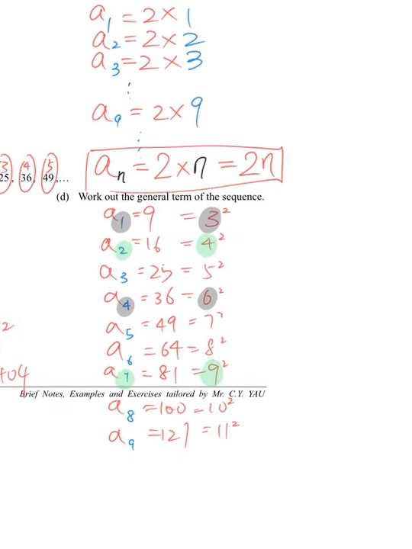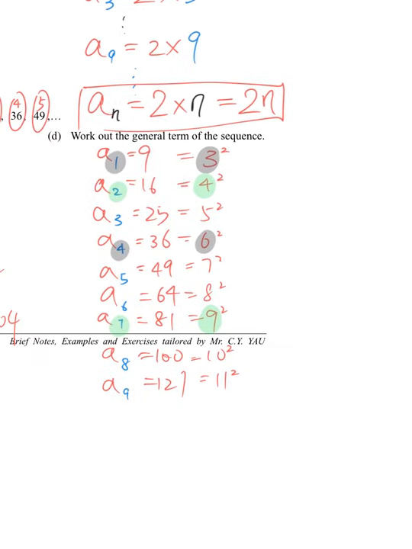So how can we get the general term? Let me tell you. You are adding 2 to the number and then squaring. Okay, this bracket is super important because the square operation is carried out after the addition. 2 plus 2 makes sense.